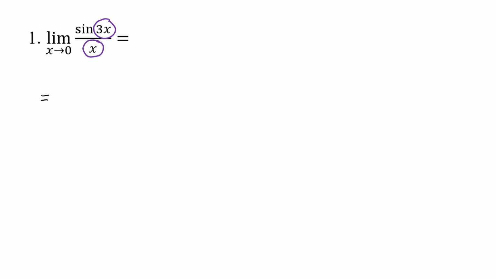So this is equal to the limit as x approaches 0 of sine of 3x over x, and then in order to change an x into a 3x, we multiply by 3. And if we multiply the denominator by 3, we best multiply the numerator by 3.